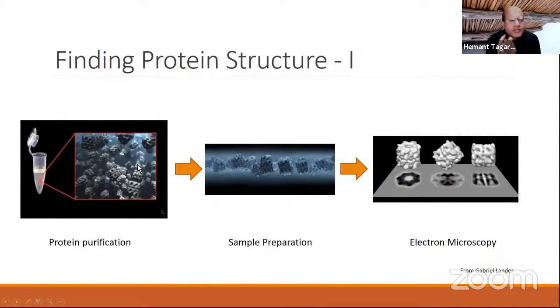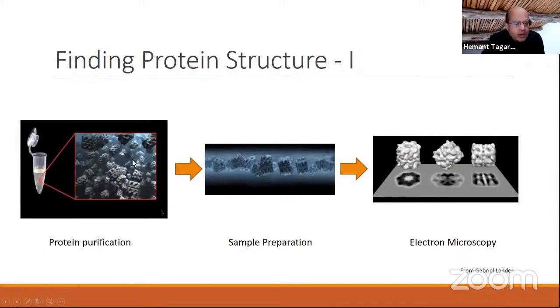The way this works is, first somebody takes a whole bunch of coronavirus particles and purifies the protein in solution. This is not the spike protein, this is some other protein. This is just an illustration that Gabriel Lander made during his PhD. He has a lovely YouTube video about this whole process, so if you're curious, you should Google it.